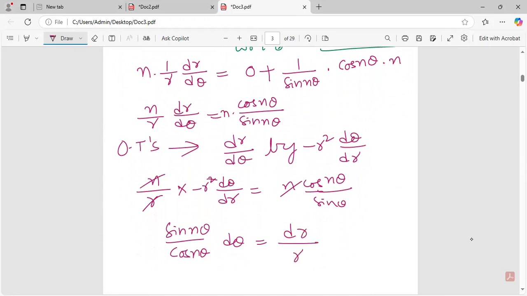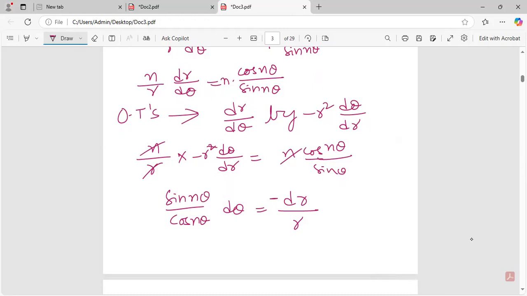With a negative sign, of course. So it is exactly like f prime of x by f of x, integration of tan theta. I have separated the variables, so I'll be integrating. The right hand side, I know, is log r plus an arbitrary constant, and since it's an indefinite integral, the arbitrary constant would be log c.